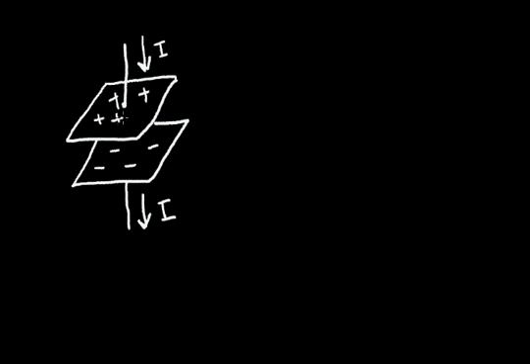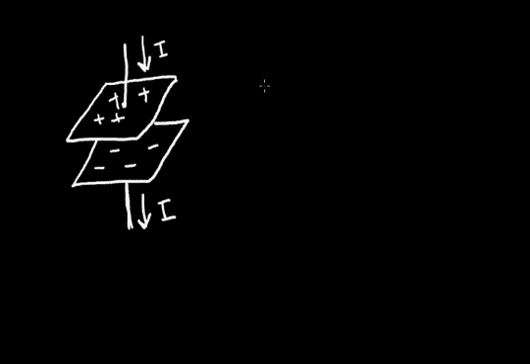So think of it this way. As the top plate develops a positive charge, that repels positive charges from the negative plate, because like charges repel each other. So as a result, I get a current flow out the bottom plate.